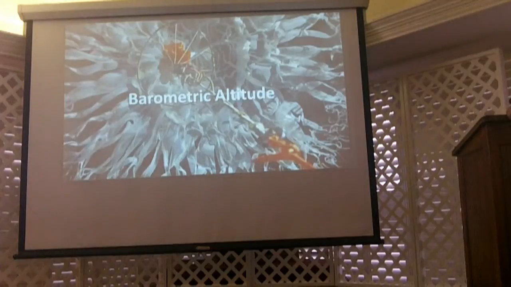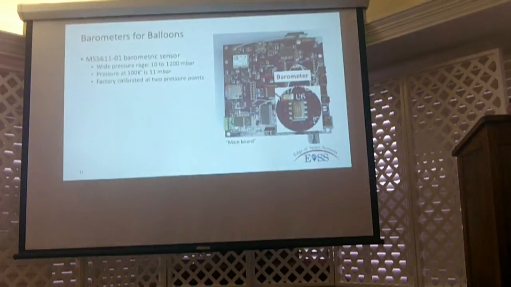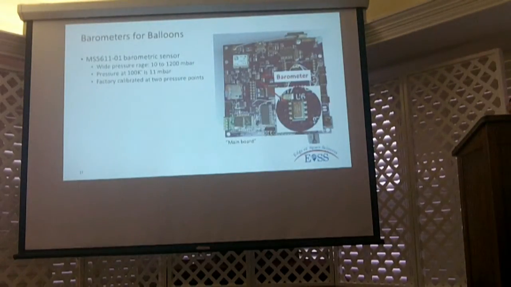Okay, so how do we measure altitude? The barometric altitude. Well, I did some checking around on barometric sensors, and I found one that is rated to a fairly, well, you're going up to 100,000 feet, there's not a lot of air. Most of the things that people make for barometric sensors, not a lot of people flying high altitude balloons and stuff, so I don't know how big the market is for these. But I did find one that was rated between 10 millibars to 1,200 millibars, with like 1,000 millibars being sea level.